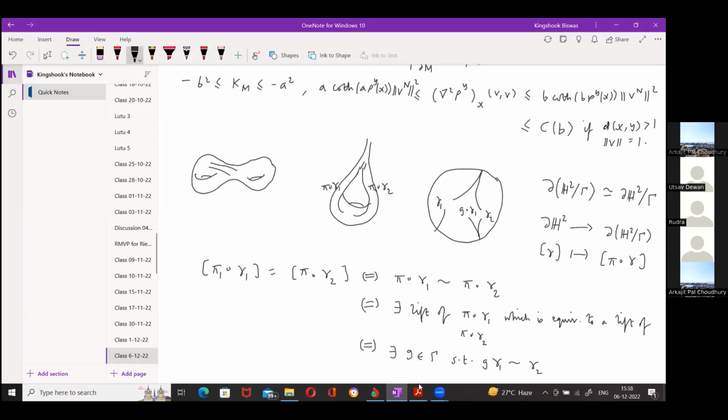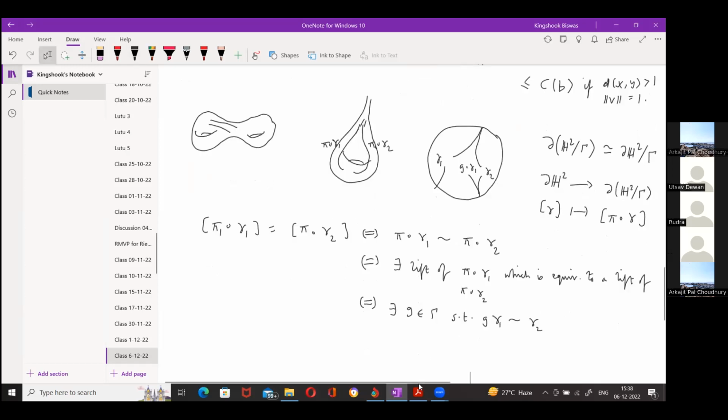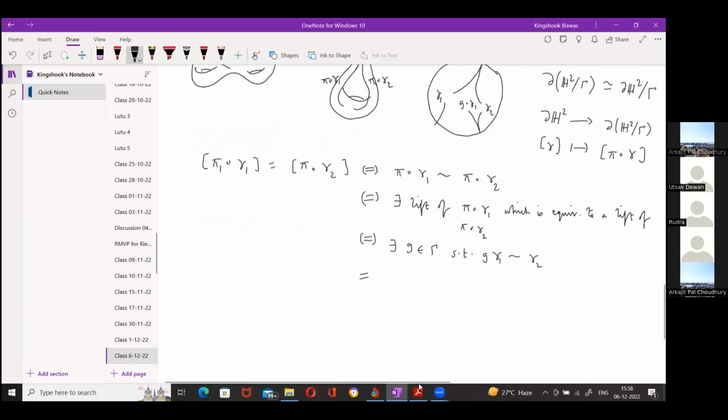In other words, this happens if and only if G dot gamma 1 is equal to gamma 2 for some G in gamma.